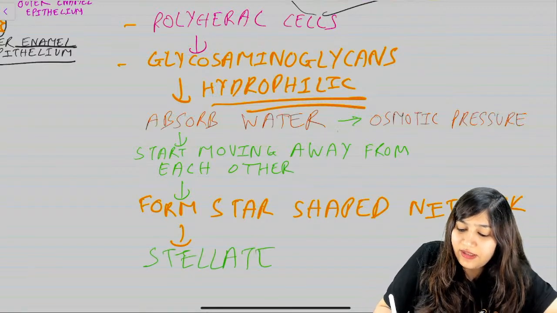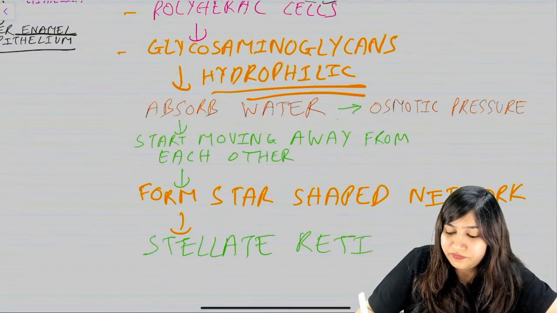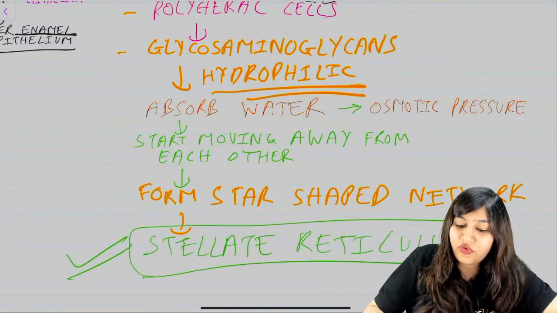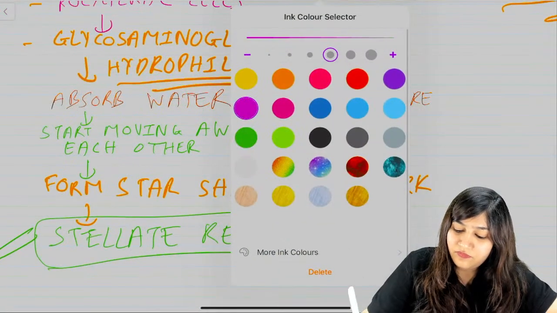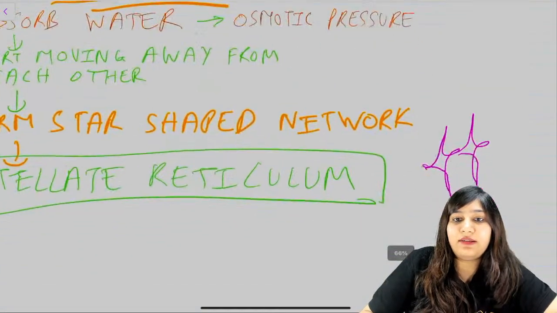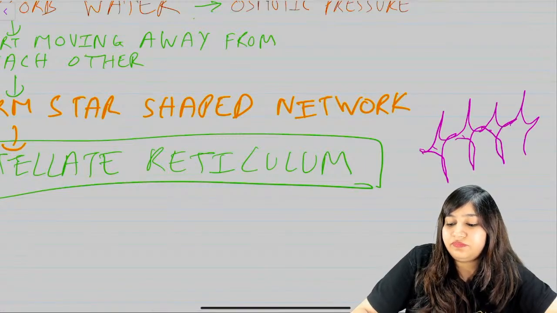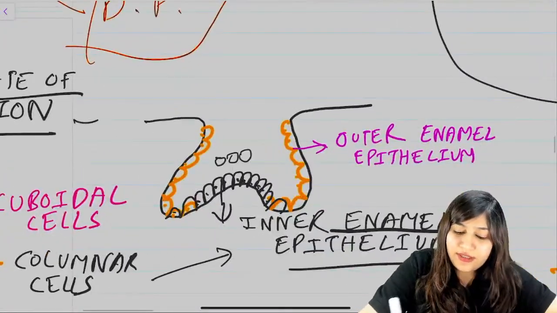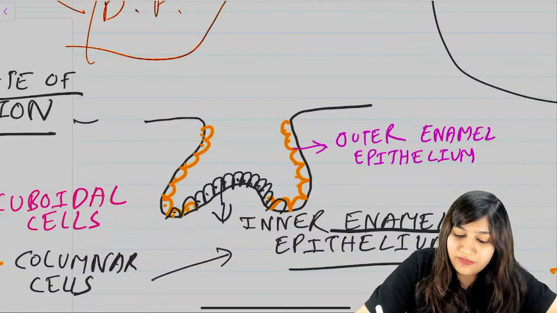Stellate meaning star-shaped network. So the polyhedral cells now become star-shaped cells.